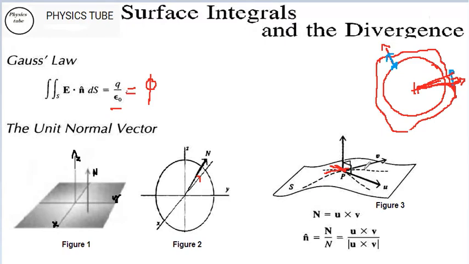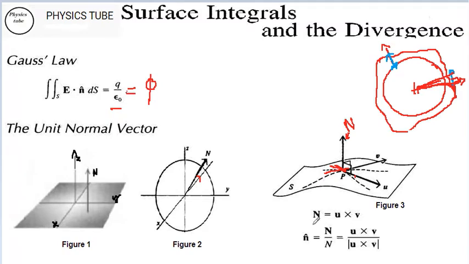If these two vectors are in one plane, and as per the rule the area vector or unit normal vector is perpendicular to both u and v, if with v it is 90 degrees, with u also it is 90 degrees, if this condition is satisfied, and u and v are in the same plane, then we can say that N is equal to u cross v, because the result of the cross product leads to your third vector, and that is N. And the unit vector N hat, as we have already discussed, is equal to vector N by its magnitude N. Vector N is u cross v, and unit N is u cross v divided by the magnitude of u cross v.